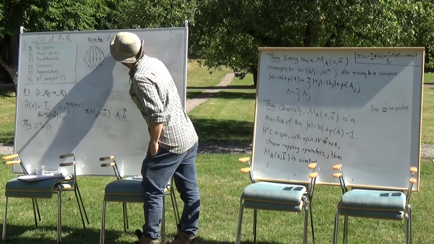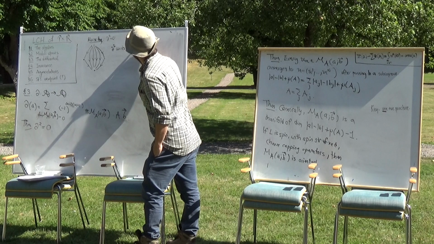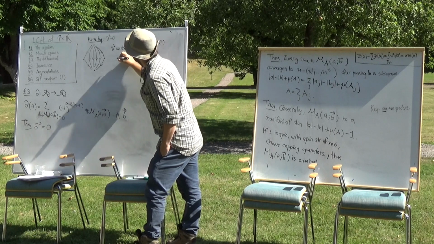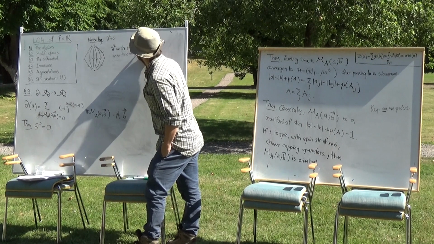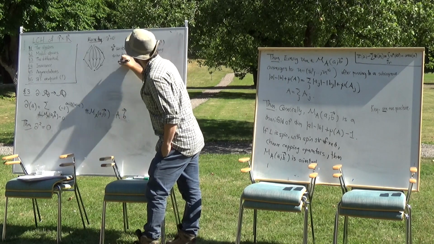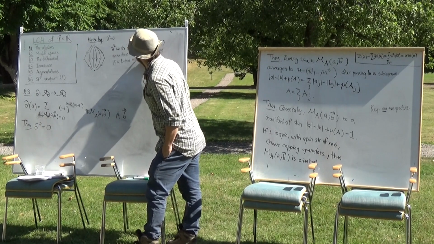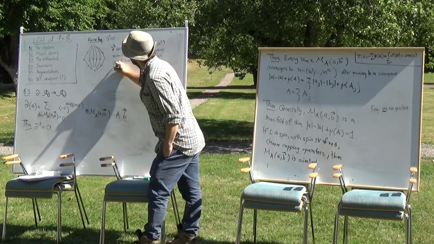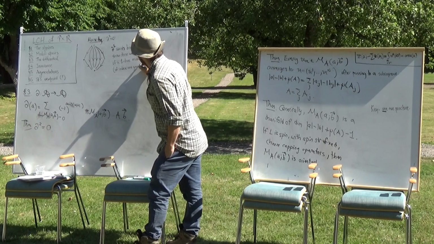So d squared counts broken curves u1, u2, and you show that these are precisely the boundary of a one-dimensional moduli space of curves of index 1, 2.